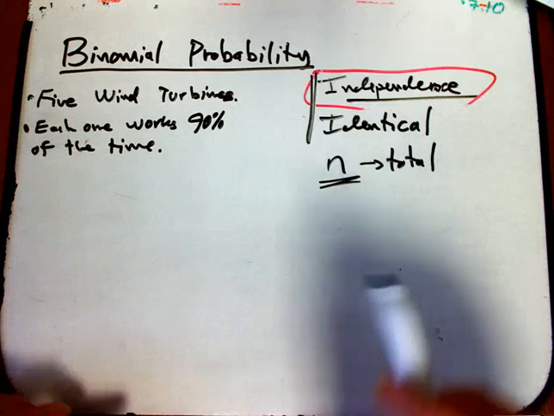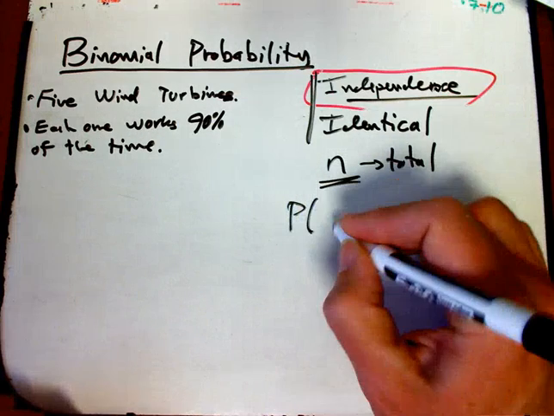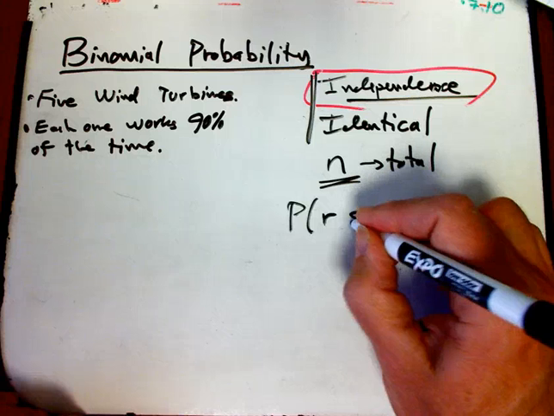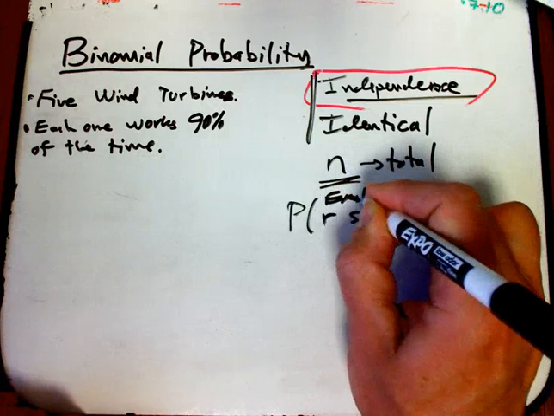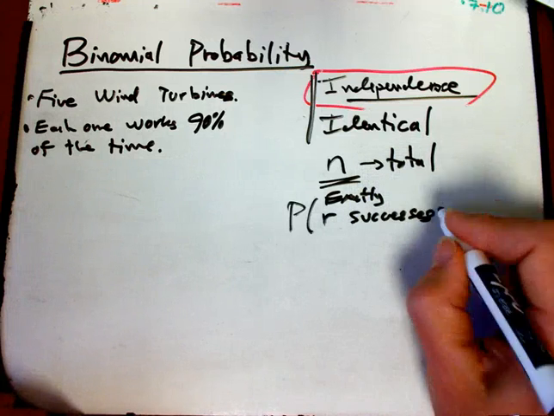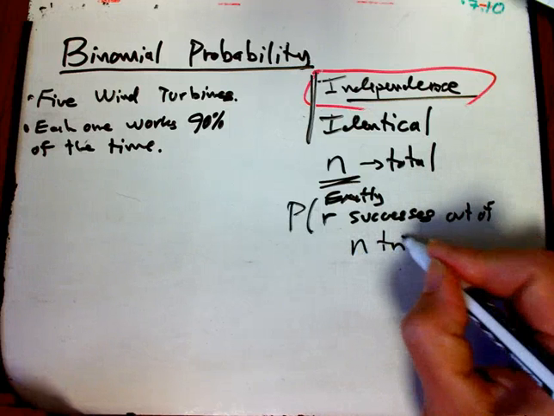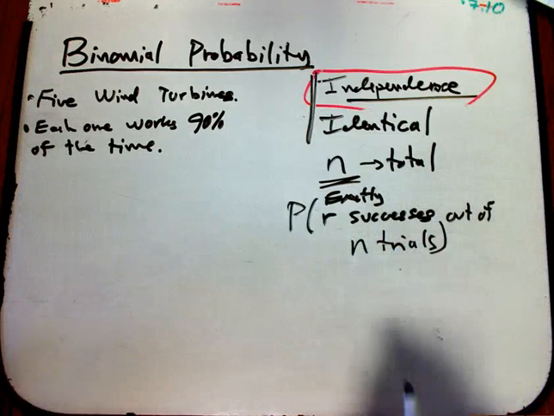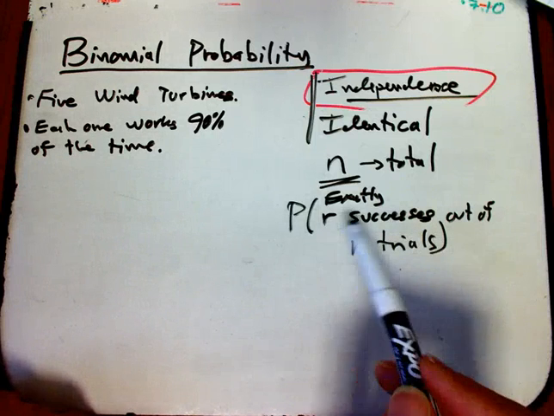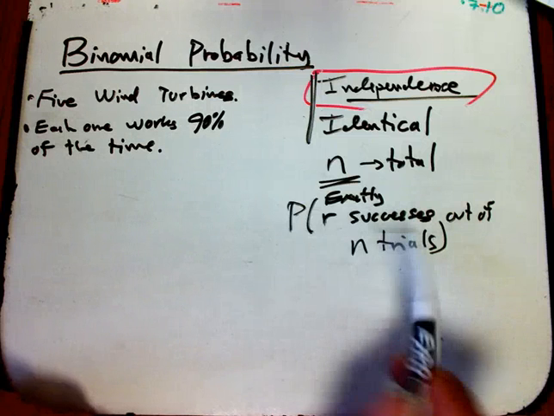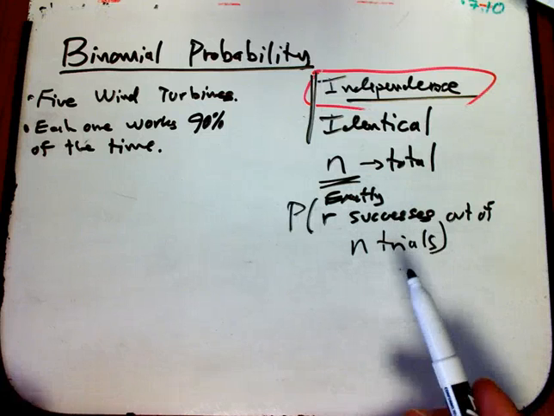There are various questions we could ask, but the specific question is: what's the probability that we get exactly r successes out of n trials? There's a lot of other terminology we could put on this, and we would do that in a stats class, but it's the probability of exactly r successes out of n trials, and I don't care which ones are the successes and which ones are the failures. I'm just counting how many successes.